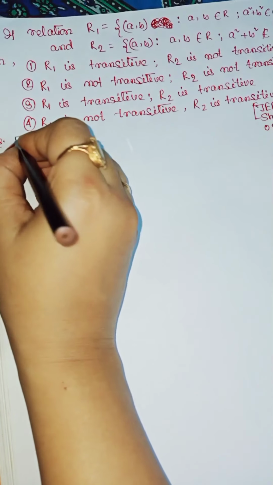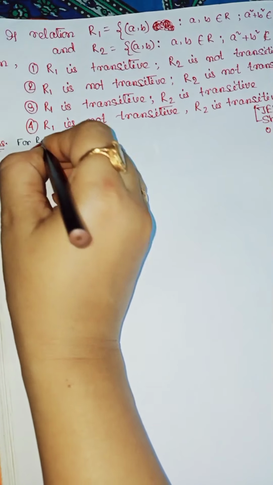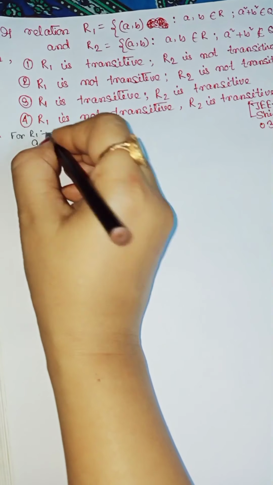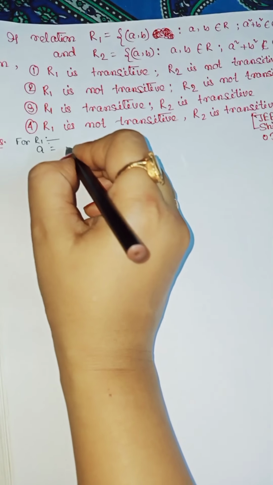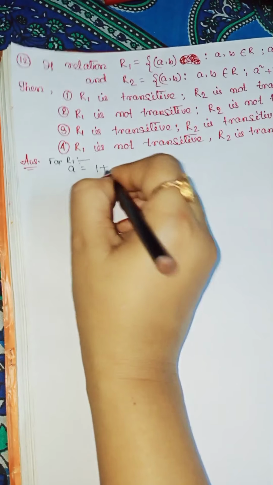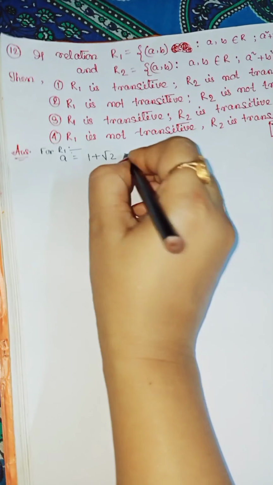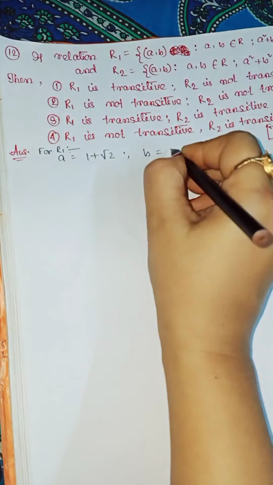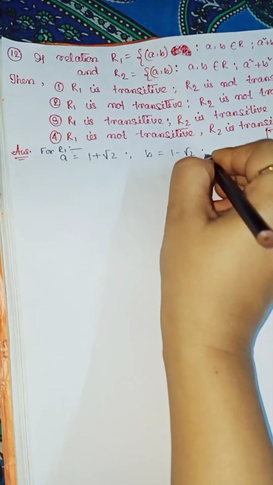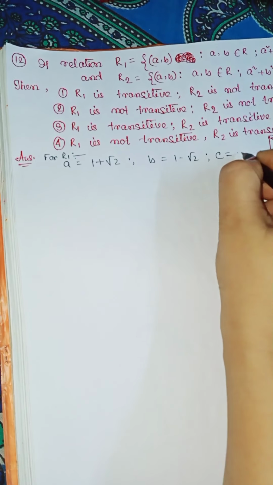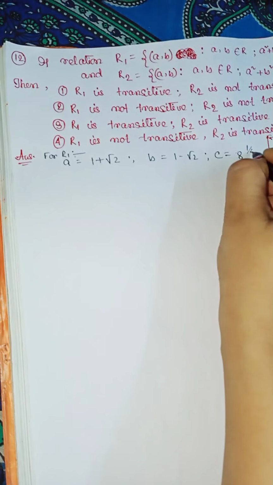Let's suppose for R1, a is equal to 1 plus root 2, b is equal to 1 minus root 2 and c is equal to 8 to the power 1 by 4.